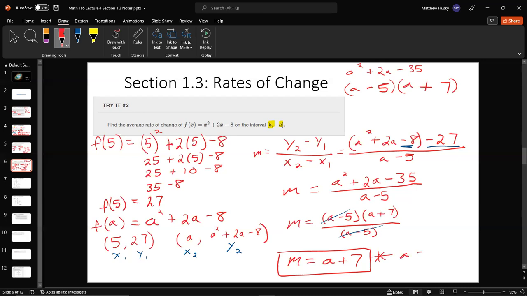So a cannot equal 5. But provided a doesn't equal 5, that would be the rate of change for this. So a plus 7, where a is not equal to 5.